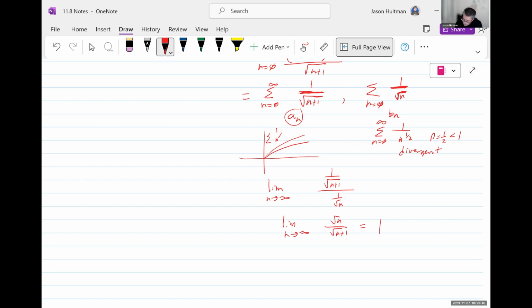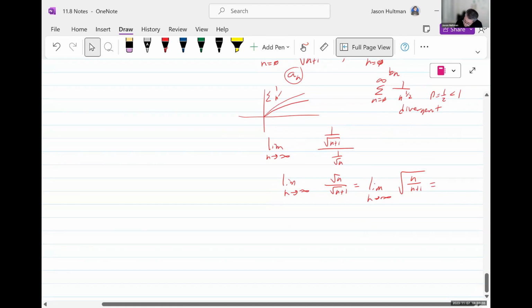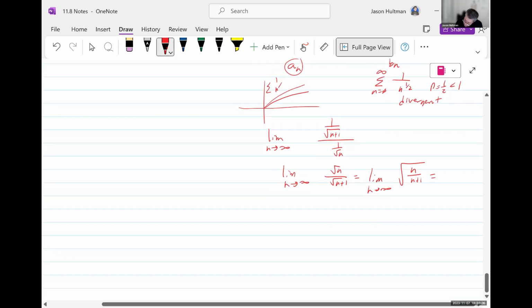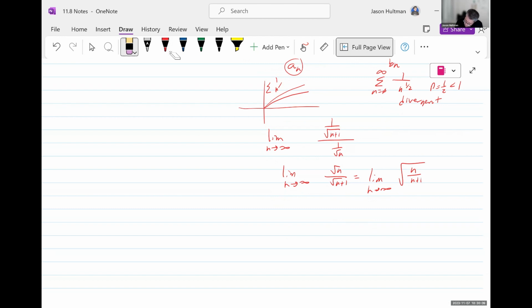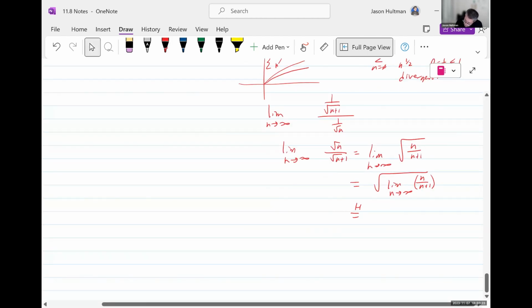If you took L'Hopital's, I'll do that. I don't want to skip steps. Square root of n over n plus 1 is equal to the square root of the limit as n goes to infinity of n over n plus 1, which by L'Hopital's rule is the square root of the limit of 1 over 1, which is 1.